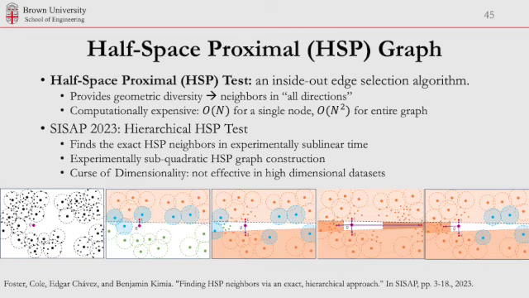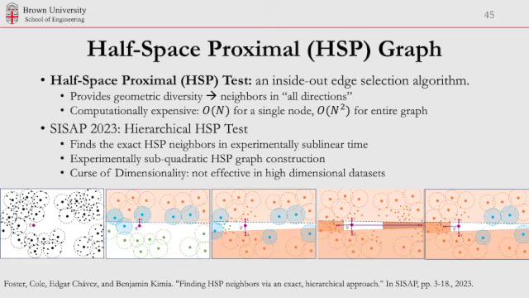The half-space proximal graph is built by a distributed graph construction, where on each node you apply the half-space proximal test. This test is an edge selection algorithm. I won't go into the details, but it essentially gives you a diverse set of neighbors in all directions.